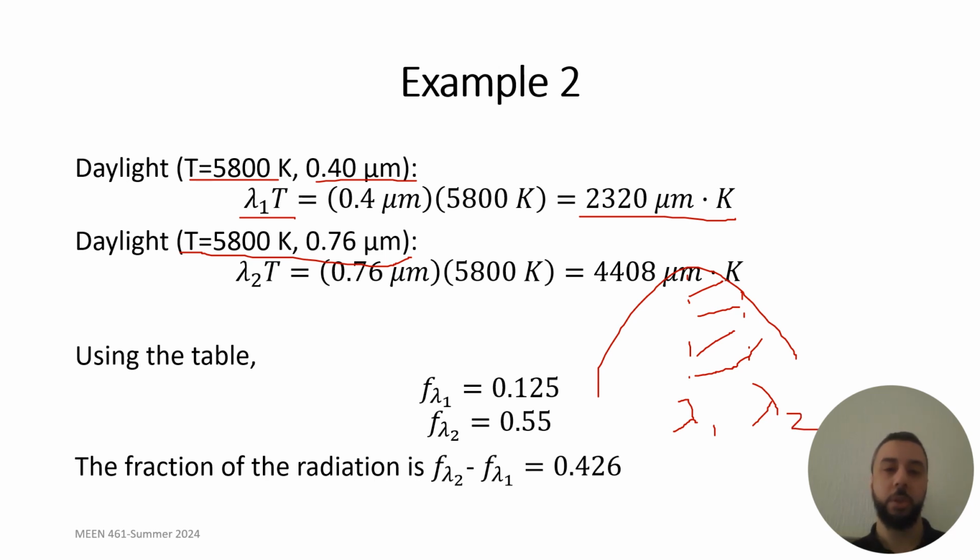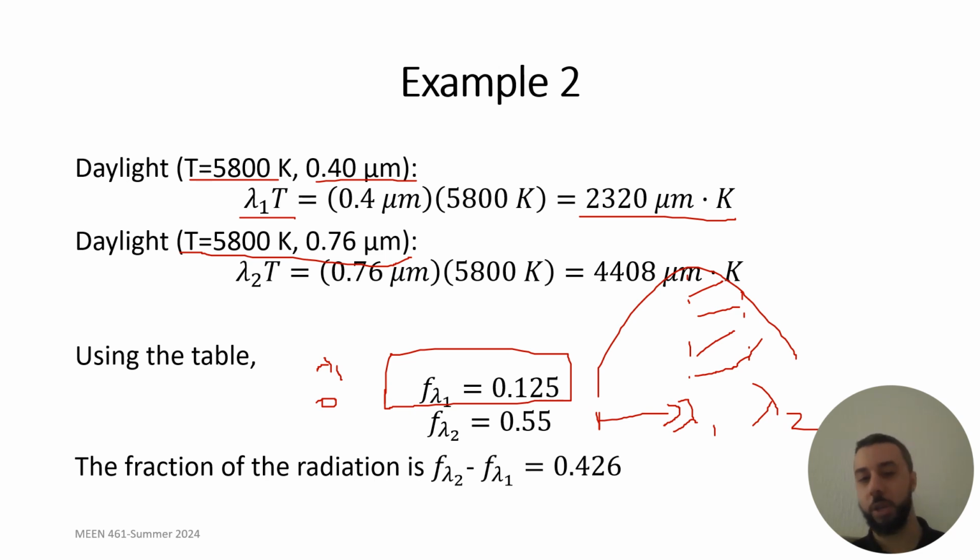Okay, so the fraction for lambda 1 is 0.125. And remember, this integration is from 0 to lambda. So you're going from here all the way to lambda 1, and that gives you the value of 0.125. And then the second one is 0.55, which is from 0 to lambda 2.